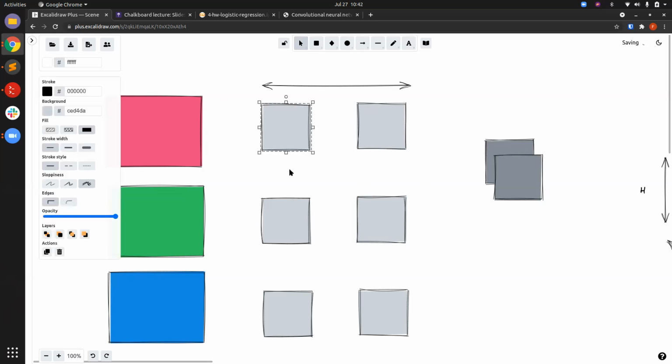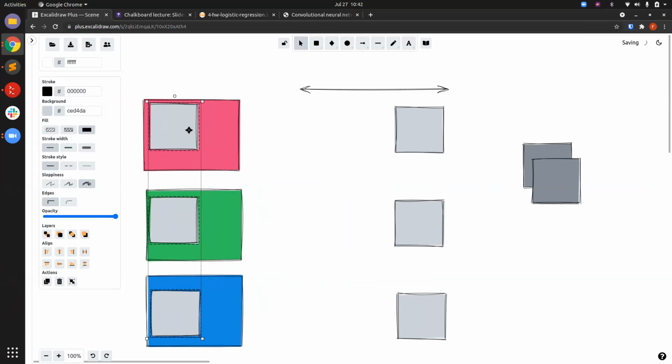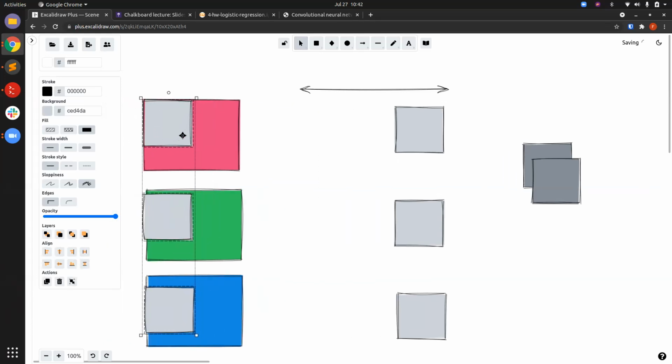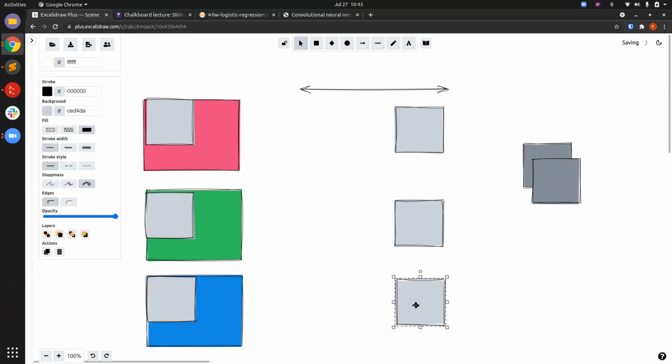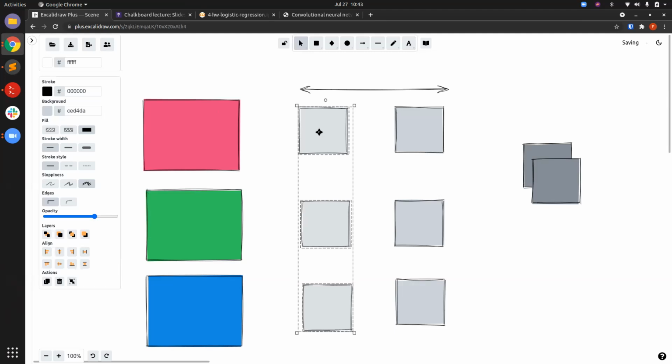During each forward pass, each filter slides over the image and computes a dot product, and they all work together. What does that mean? Let's say my filters are currently located at this position in the image. And I'm going to flip this up.